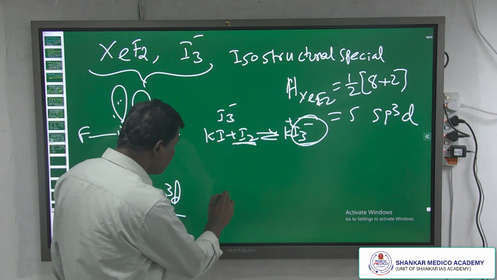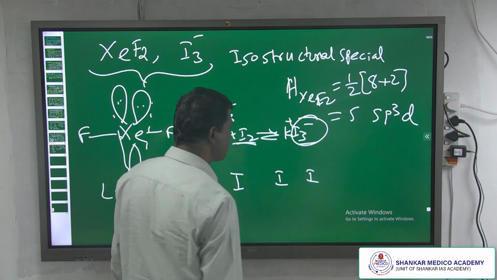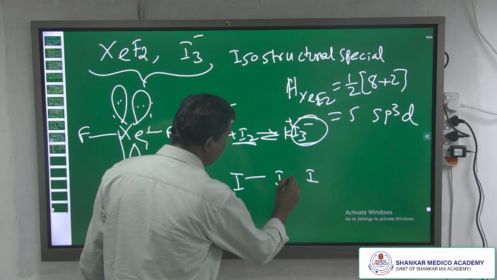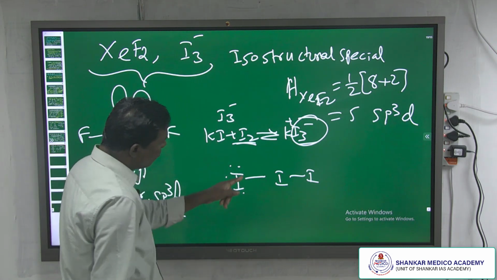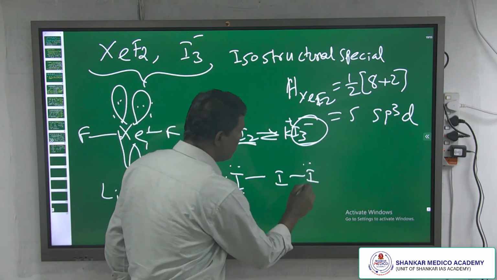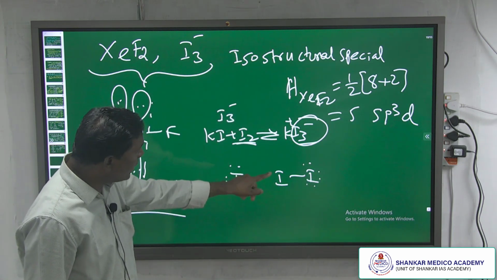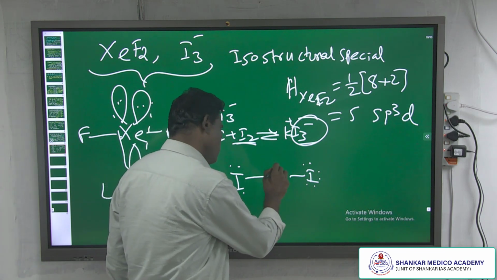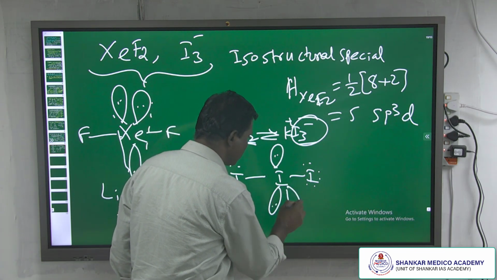If you look at this one, all iodine like this, I make a single bond and it has 7 electrons, one more bond, this also has 7 electrons, this also has 7 electrons, and it has 8 electrons now.